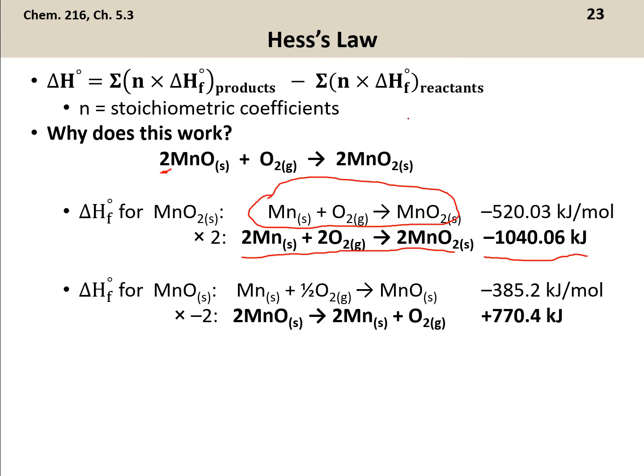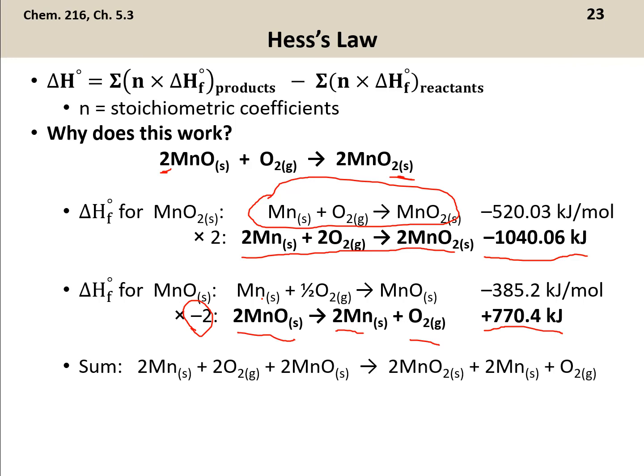If I do the same thing for MnO, sorry, the previous one was for MnO2, the products. If I did the same thing with MnO, I would have this equation. If I multiply that by negative 2, because it's a reactant, I would get 2MnO goes to 2Mn plus O2, and it'd be 770.4 kilojoules.